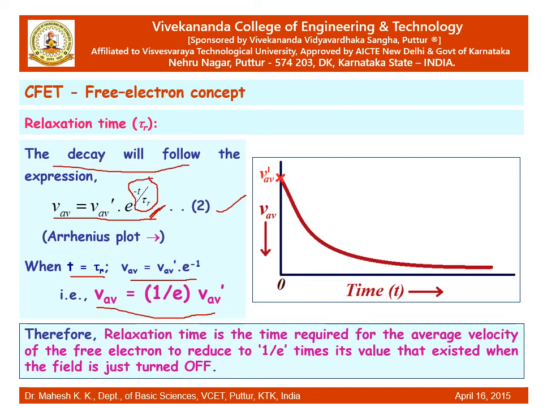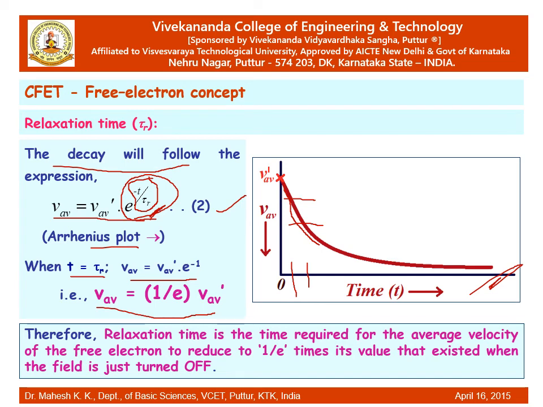This is what we call the exponential decay, as you could see here, and it is shown in the graph like this. You could see that when the field is just turned off, the average velocity is going to drop down like this in the initial time. In the initial time interval the decrease is very large.